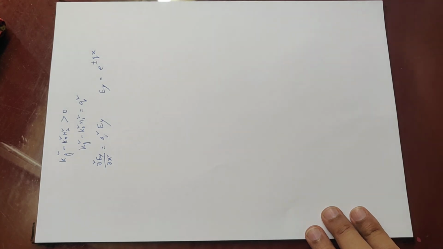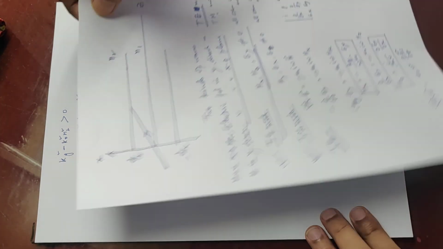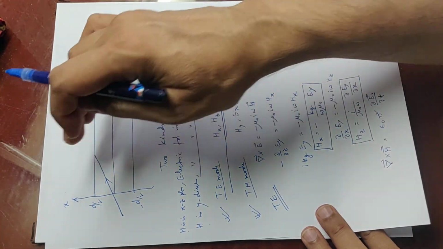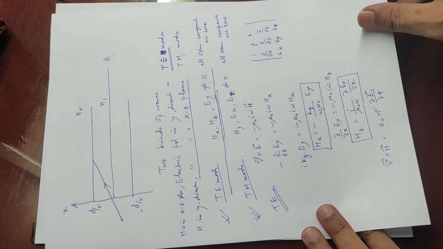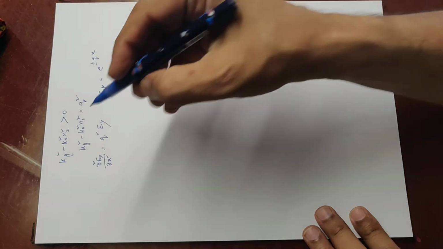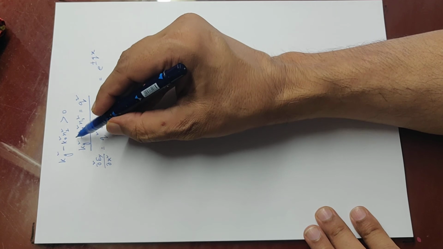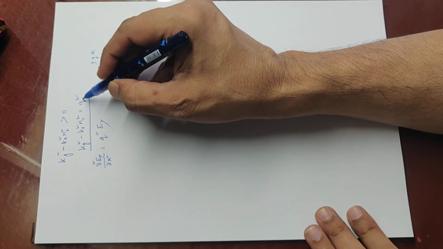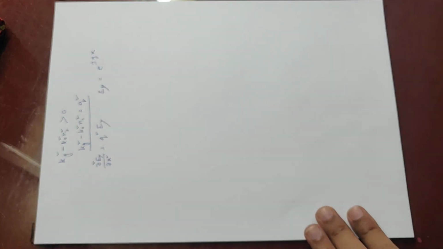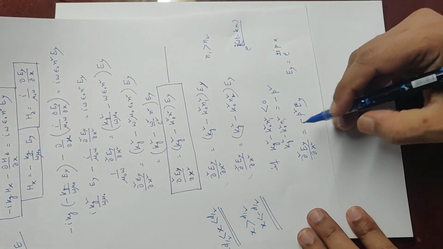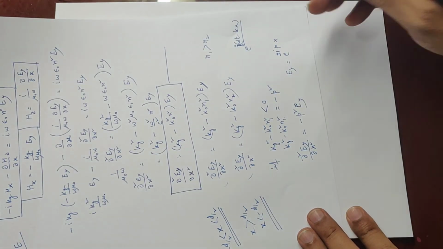We want this region to have a wave-like solution, but the other region should not. This can be achieved by demanding that kg square minus k naught square n2 square be positive, and kg square minus k naught square n1 square be negative.